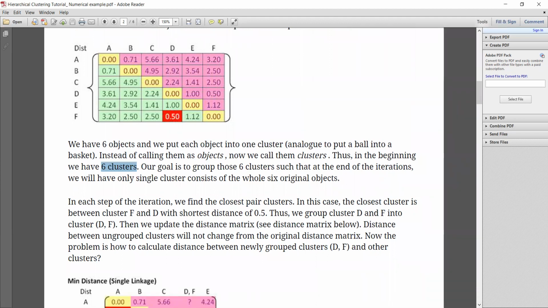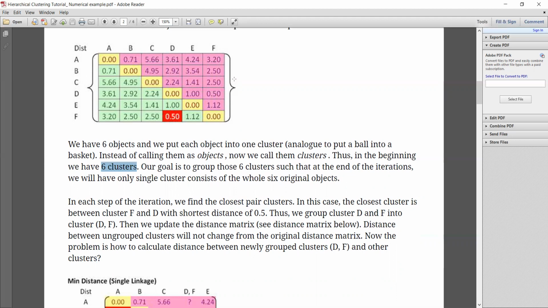Agglomerative clustering is a bottom-up approach, and we first start with all the objects as single clusters. In each step of the iteration, we find the closest pair of clusters, and in this case, the closest clusters are F and D with the shortest distance.